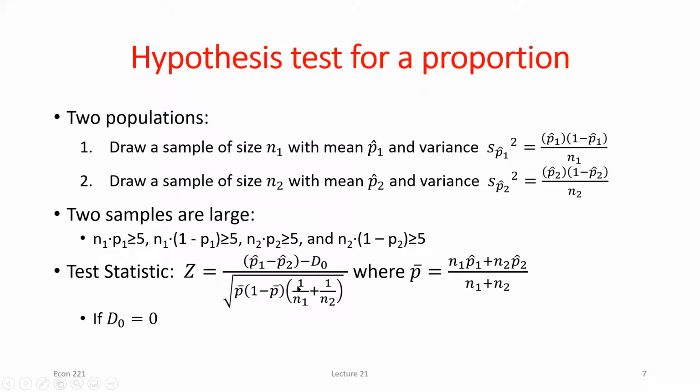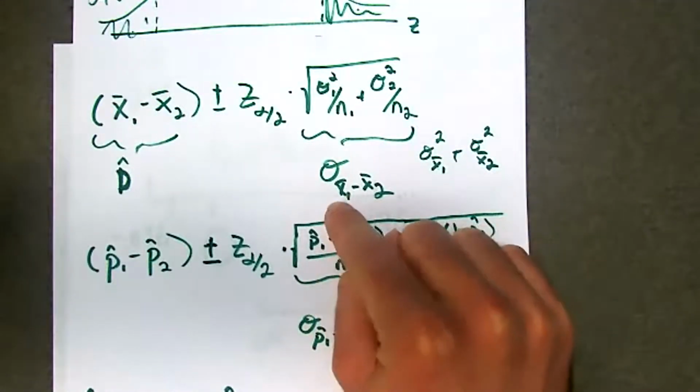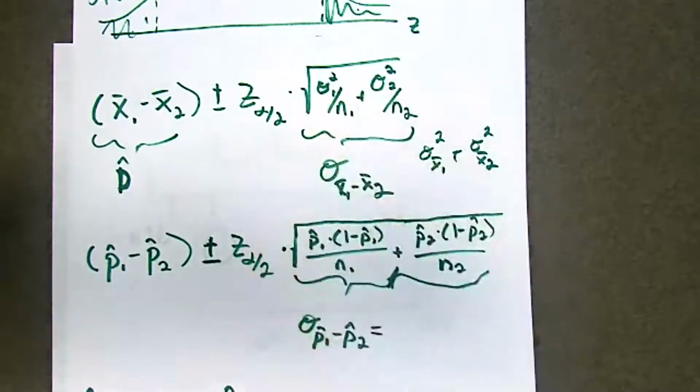So one thing that's an issue here is when I was using population variances before, for the mean examples, to calculate that standard deviation, that was fine. They're not impacted by sample size.